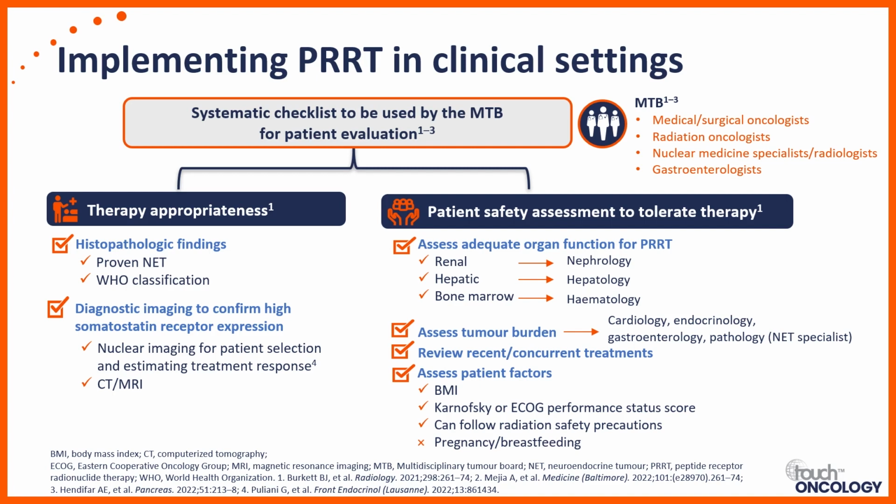Unfortunately, we don't have a way to predict who's going to develop a treatment-related myeloid neoplasm, but we're working on that in the form of CHIP, which is the clonal hematopoiesis of indeterminate potential. And then obviously patients have to have adequate functional status. They have to be able to understand the radiation precautions in terms of comprehension, and then discussing other therapies with the patient in terms of, is this the best treatment at this time?